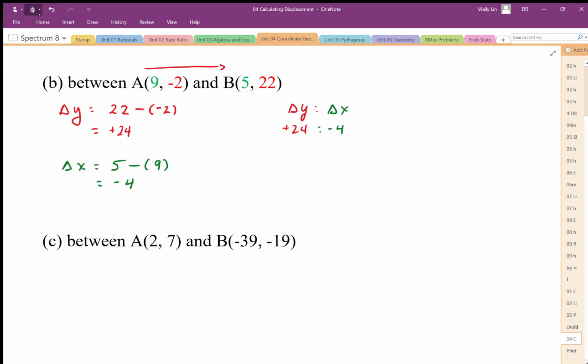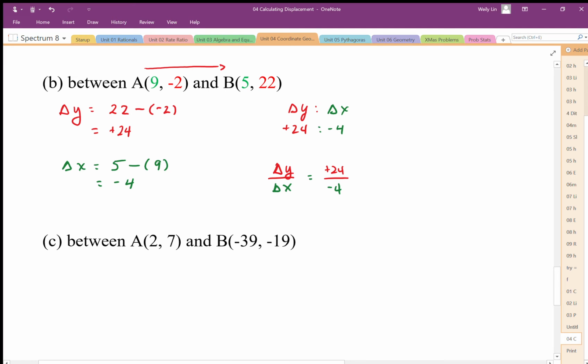We can also write it in this form: the change in y over the change in x. Okay? And we can write a ratio that way. So we end up with our ratio in a vertical form is positive 24 over negative 4. Okay, and again, that ratio can be simplified.